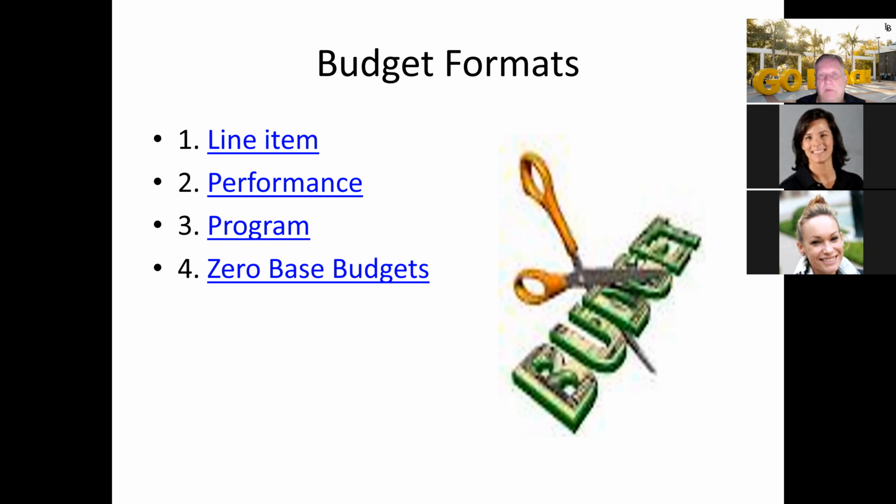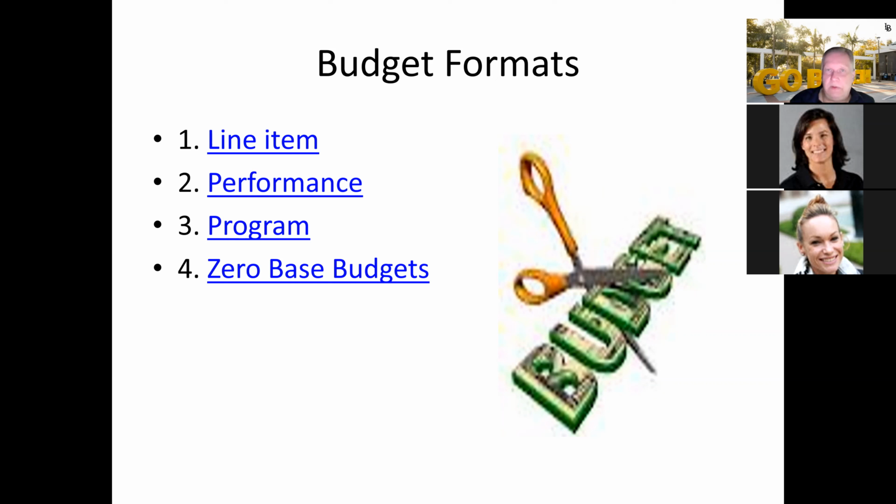The third type of budget format is what's called a program-based budget. And a program-based budget is fundamentally different than line item or performance. Line item and performance-based budgets tend to be organized around departments and units within the organization.